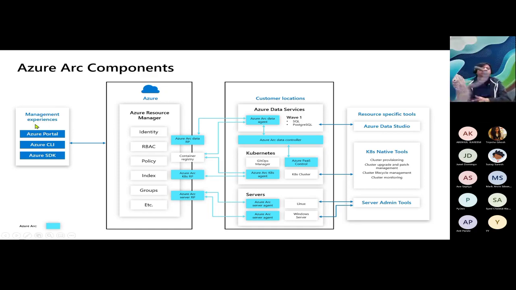So you access the Azure portal, you use the Azure CLI for doing your administration, you can use the Azure SDK to do some kind of integration, but it will be transparent to you. You just need a few more namespaces, more tools inside of the CLI, for example, but you will use the same way you use any other tool to do the administration. Okay.